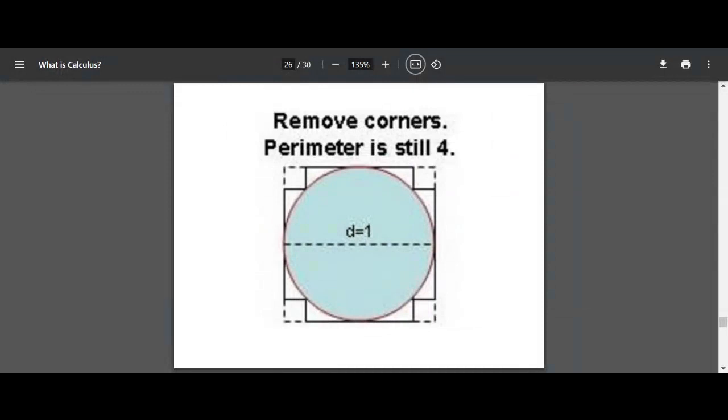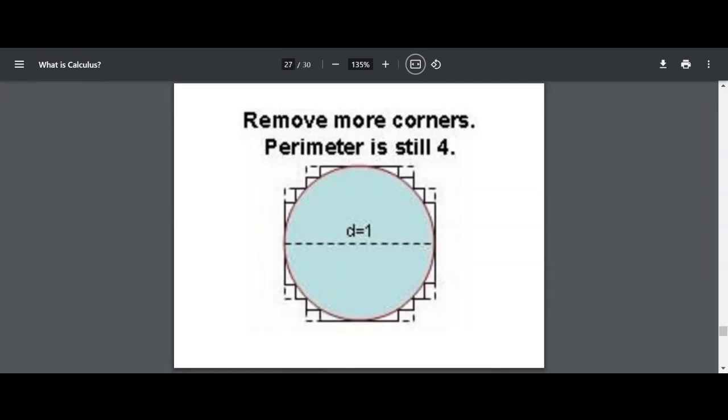Now, if you remove the 4 little corners from that square, the resulting shape will still have a perimeter of 4, because the lengths that you subtracted here and here were re-added here and so forth.